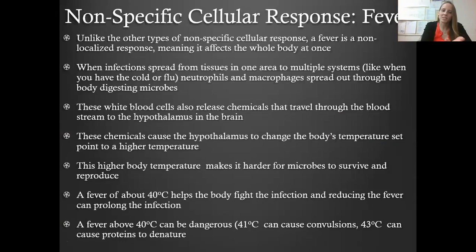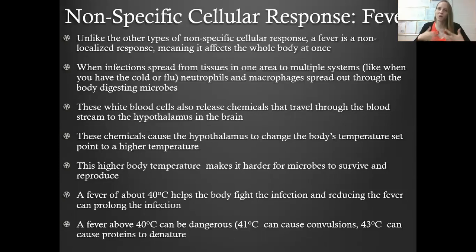So when you have infections that spread from the tissues to multiple systems, when it becomes more systemic, like what you have with a cold or flu, then all of those neutrophils and macrophages are going to spread out throughout the entire body, and those white blood cells essentially release a chemical that is going to go through your blood to your brain, specifically the hypothalamus, and it's going to tell the hypothalamus to crank up the body's internal temperature. So your hypothalamus essentially sets the internal temperature of your body higher.